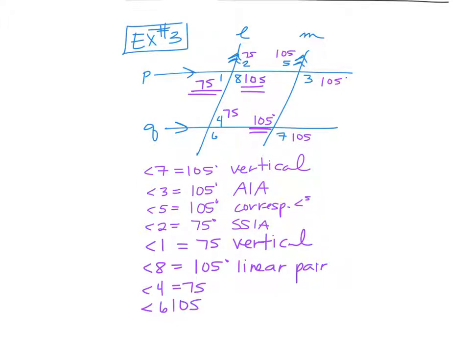And again, that could be an alternate interior with this guy. It could be a linear pair with that one. You have lots of options, okay? Questions on that? Okay, notice every one of those angles, 105 or 75. That will be every single angle in the picture. You will not find any other value in there, okay?